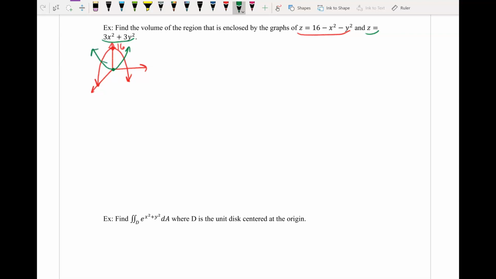Remember that we had a region in between where both of these met. And if you remember, that region was x squared plus y squared equals 4. Just to remind you what the region looks like, it's just a circle of radius 2.